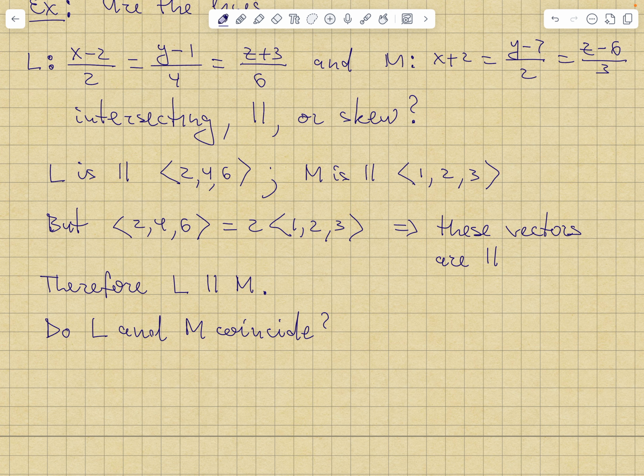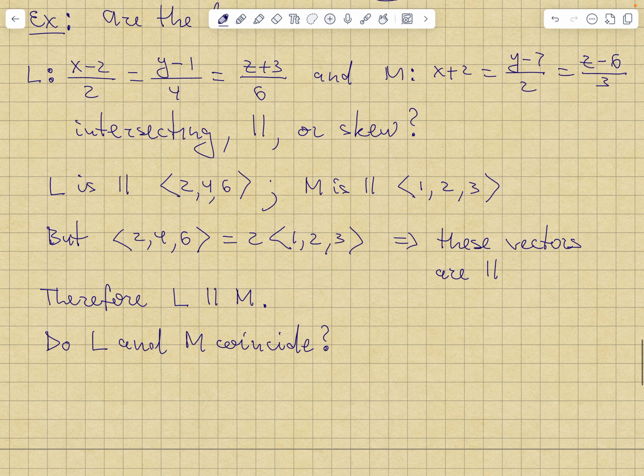If they coincide, then they must have a common point. In fact, all points must be common. So if I pick some point on the line L, it also must belong to the line M.